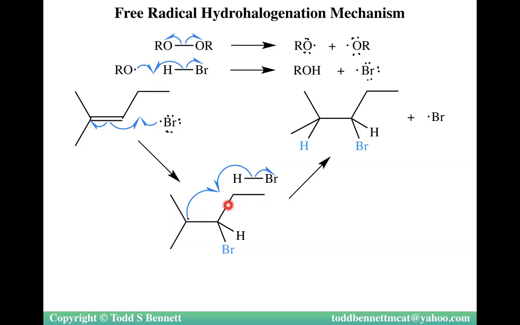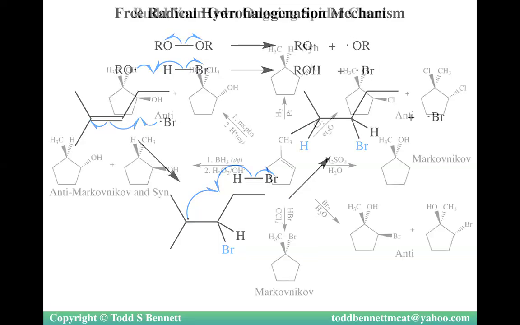And so these groups will line up in a way to minimize steric hindrance with this. So there's always going to be some stereo preference if you're next to a stereo center, but it's not as obviously pronounced, and we generally don't pay too much attention to it.